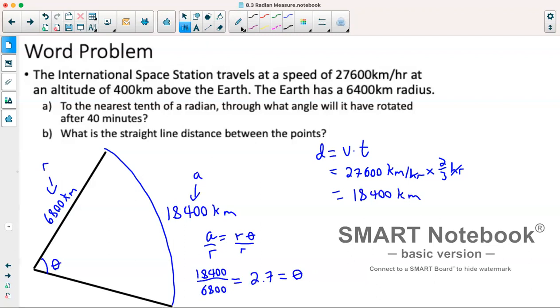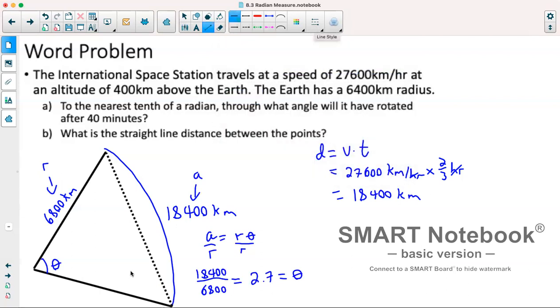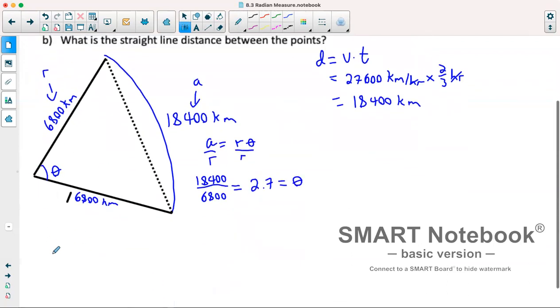Now part B, we want the straight line distance. So we want to know this distance here. We can utilize something from Precalculus 11, because essentially we have a non-90-degree triangle. We know 2 sides of it. We have an angle between those 2 sides, so that means we can use cosine law.